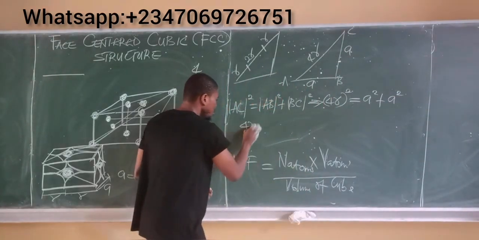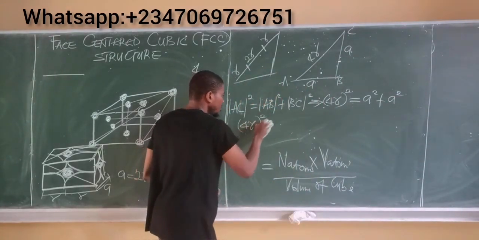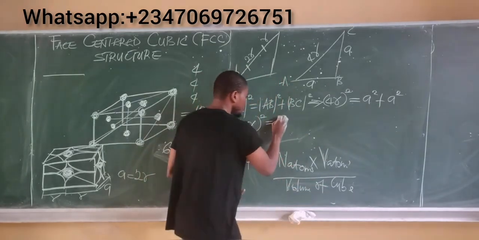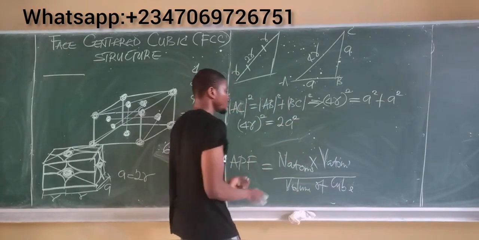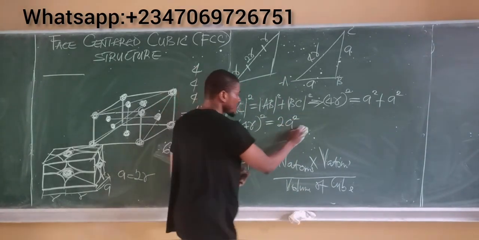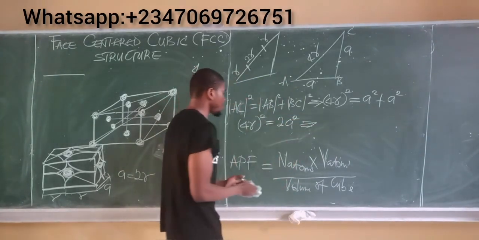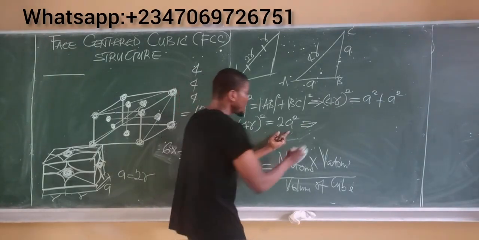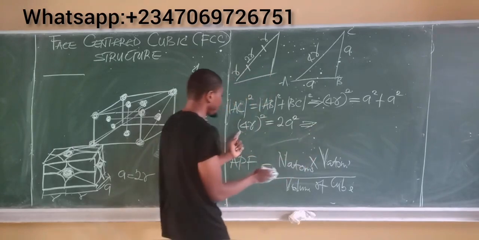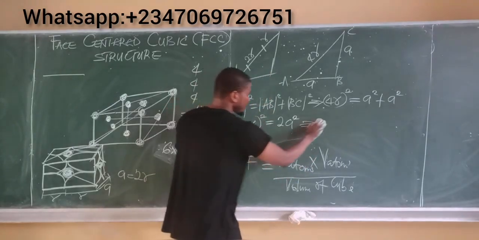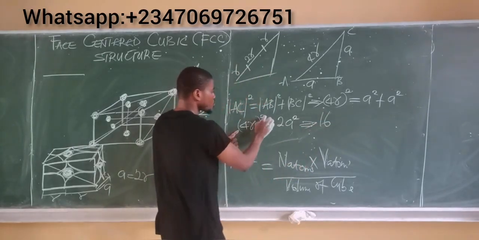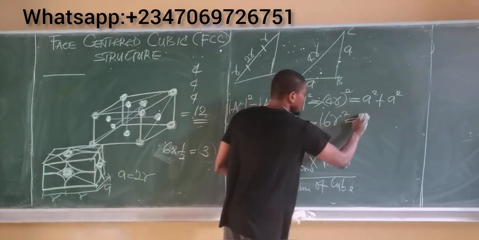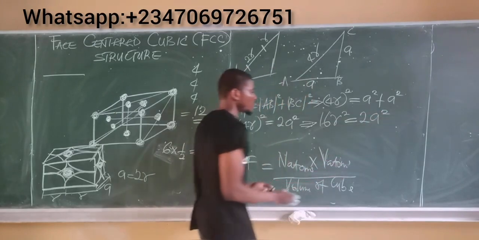So 4r squared is equal to A squared plus A squared, which obviously gives us 2A squared. Take note now, I want to make A the subject of the formula. If I expand this, 4 squared gives me 16, r squared gives me r squared, and this is equal to 2A squared.